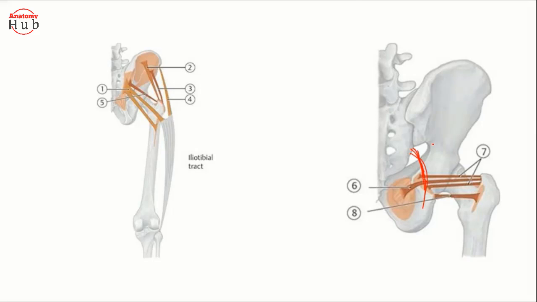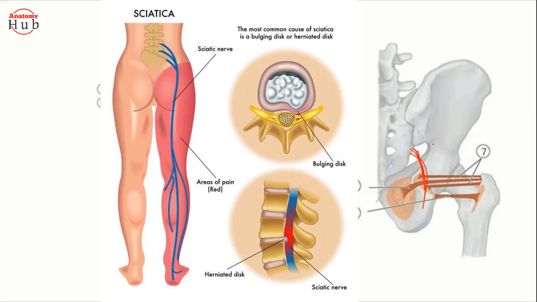In sciatica you will find pain and paresthesia that result from the compression of the lumbar nerve roots due to a disc prolapse or a herniated intervertebral disc.